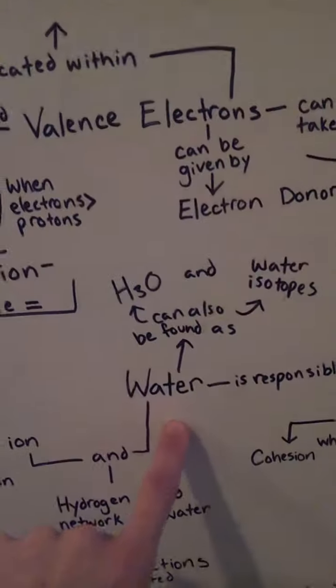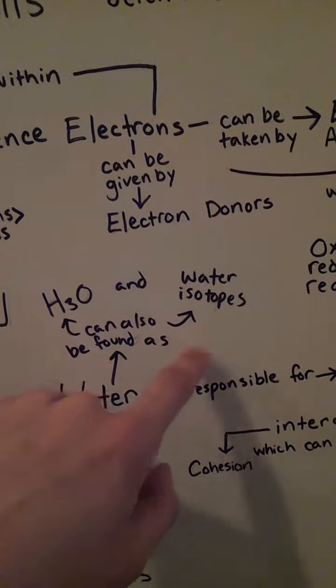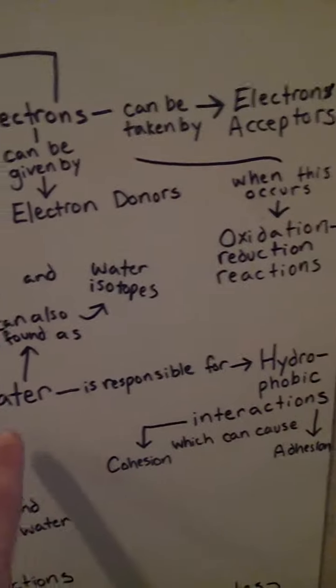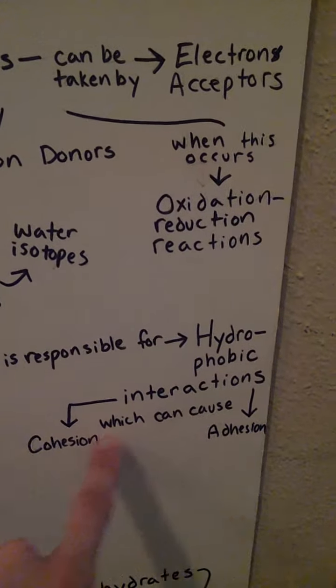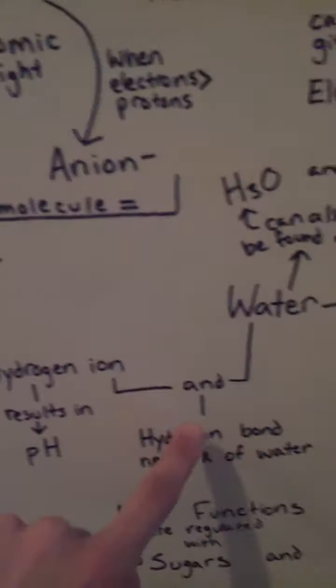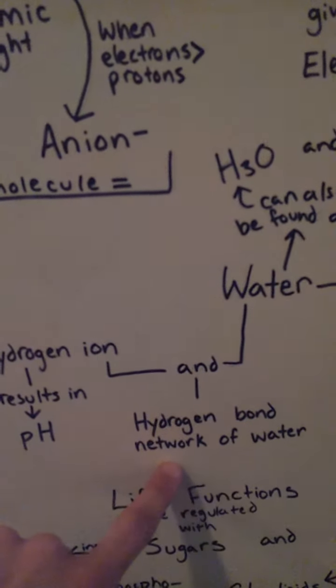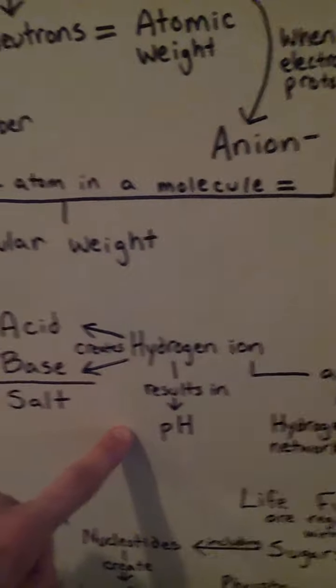And over here I have water, which can also be found as H3O in water isotopes. Water is responsible for hydrophobic interactions, which can cause cohesion and adhesion. Water and the hydrogen ion account for the hydrogen bond network of water. Hydrogen ions result in pH levels.